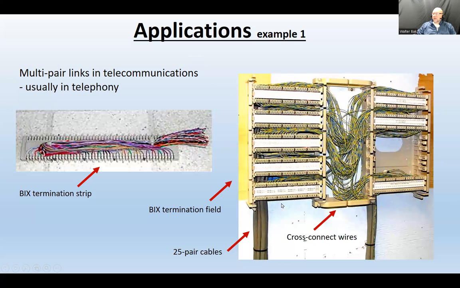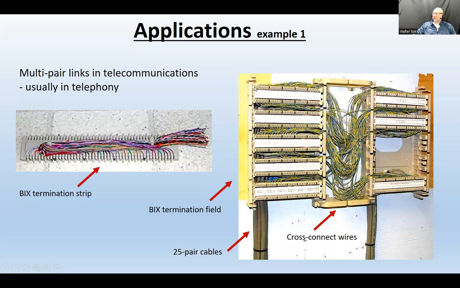Application. Well, you could have a bunch of 25 pair cables, and each 25 pair cable is terminated on one of those termination strips, or sometimes they're called wafers, sometimes connectors. So one of these is terminated here according to the color code. So pair 1 is always pair 1 here. Pair 17, pair 19, or pair 23 is always at the same spot for every termination strip.